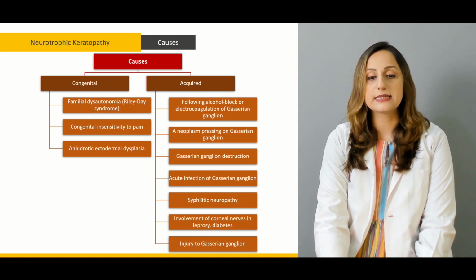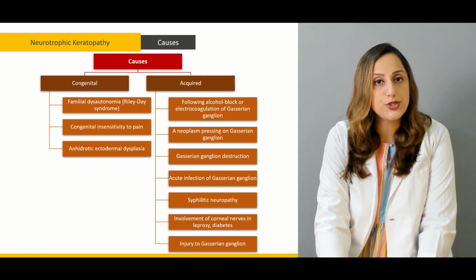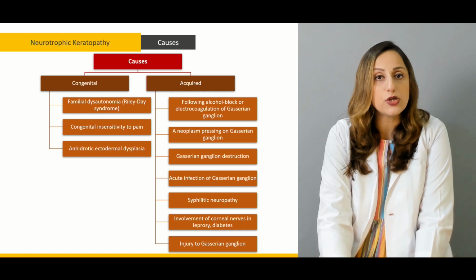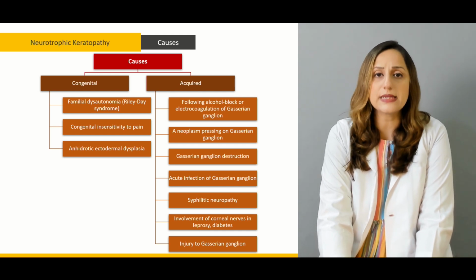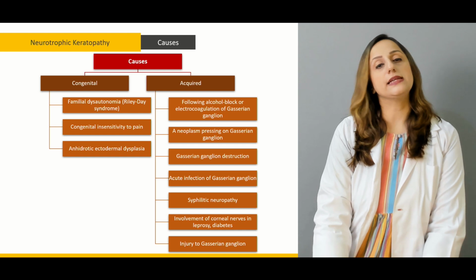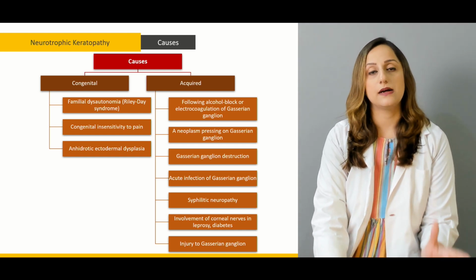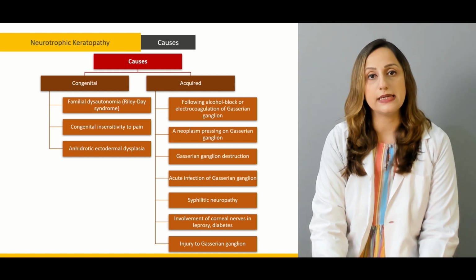We've already discussed that any trauma or injury to the Gasserian ganglion, whether an acquired external injury or some systemic debilitation that damages the Gasserian ganglion, will result in a neurotrophic keratopathy in the individual.